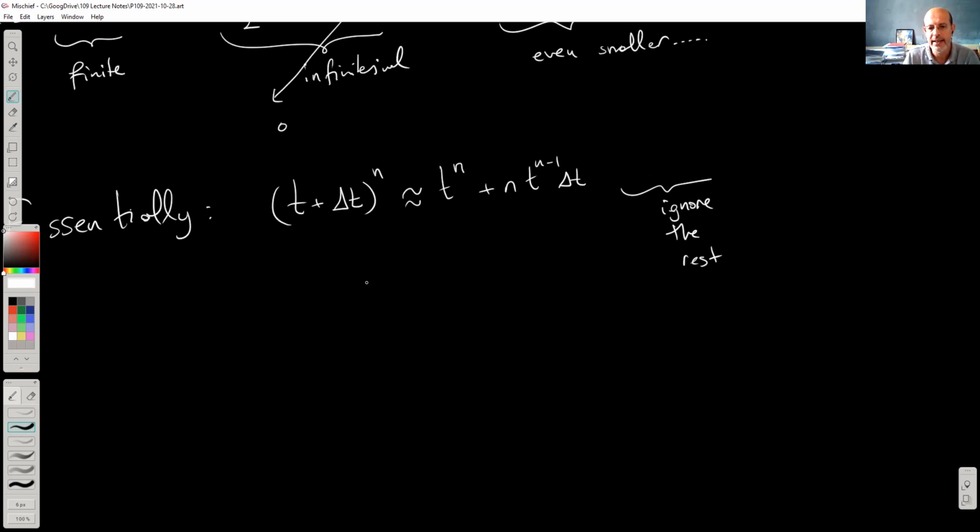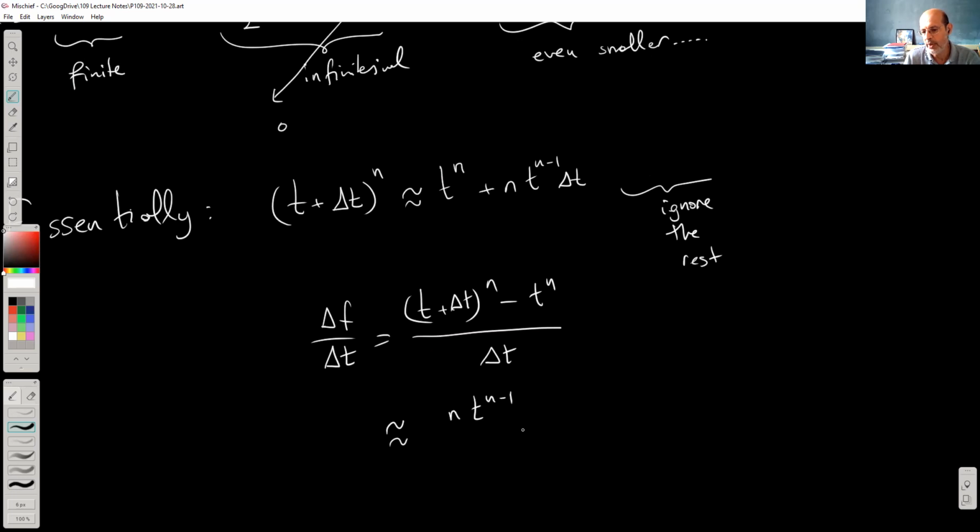So in any case, let's say it like this: delta f divided by delta t is basically this expression in here, (t plus delta t) to the n minus t to the n, divided by delta t. So this expression is now approximately equal to n times t to the n minus 1 delta t, divided by delta t, which is n times t to the n minus 1.